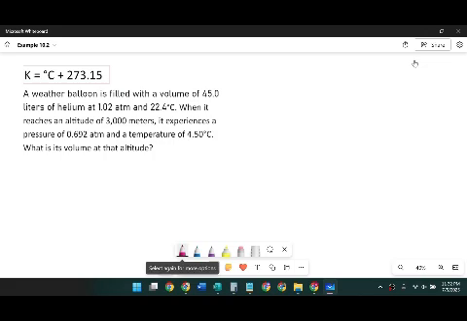So let's start labeling things. We have an initial volume, so this will be V1. This is 45.0 liters. And then it gives a pressure here, so this is our P1. And then it gives a temperature. So this is our T1. Now, it's not in the right unit, but that's okay. We know how to convert it. So let's go ahead and list these.